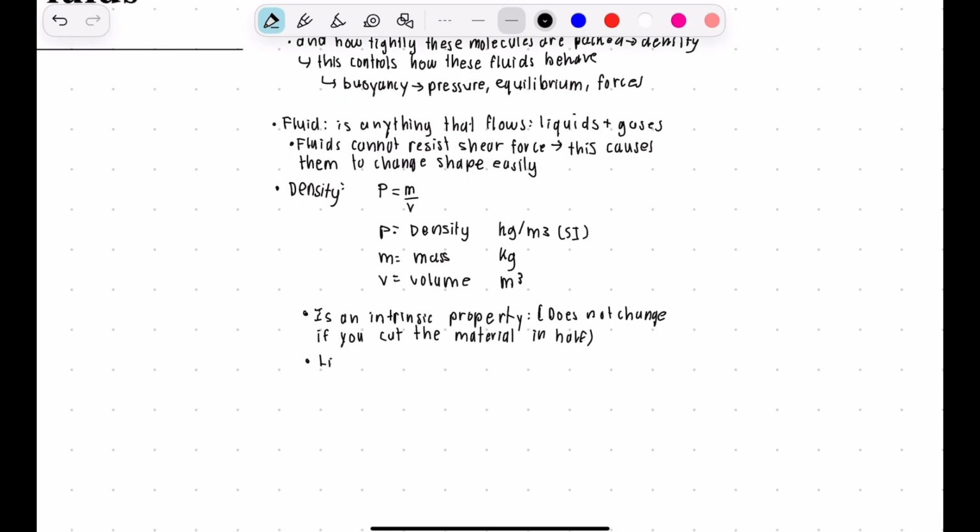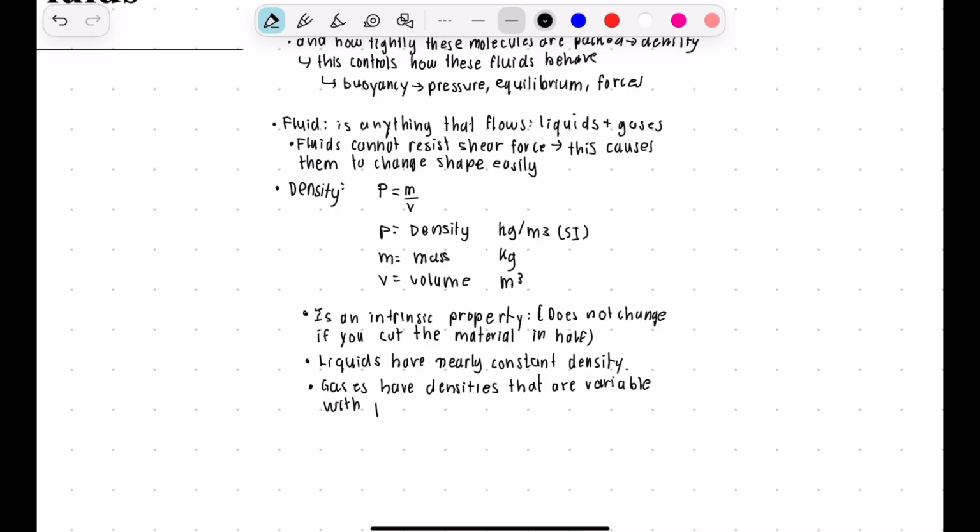Also note that liquids have near constant density. Next, note that gases have densities that are variable with pressure and temperature.